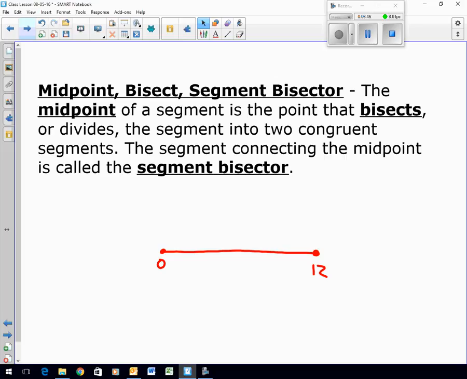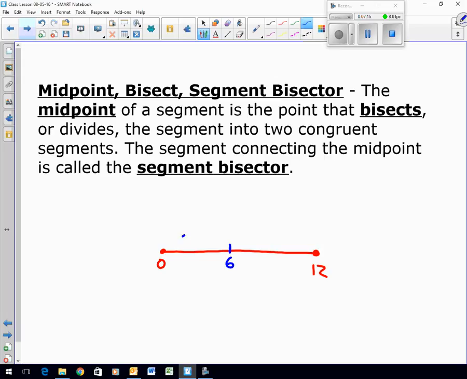We make it more complicated when we put it in a coordinate graph, and we have to find midpoint formula and distance formula, but think about this. If I said halfway between 0 and 12 is 6, all right? This is geometrically what that means. How many units are there from 0 to 6? 1, 2, 3, 4, 5, 6, right?